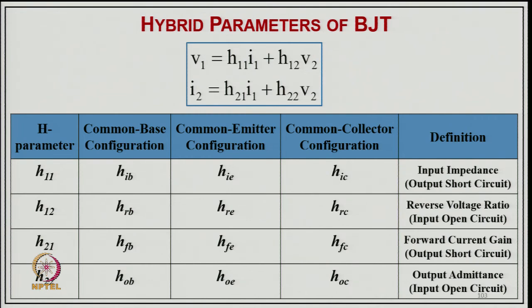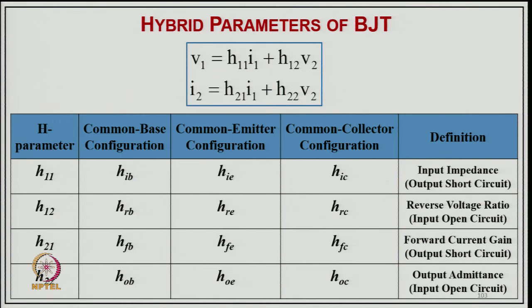So, these are the H parameters H11, H12, H21, H22. For the common base configuration, we call them HIB, HRB, HFB and HOB. For the common emitter configuration, which is very common for amplification, H11 is HIE, H12 is HRE, H21 is HFE, and H22 is HOE. Similarly, for the common collector configuration, H11 is HIC, H12 is HRC, H21 is HFC, and H22 is HOC.